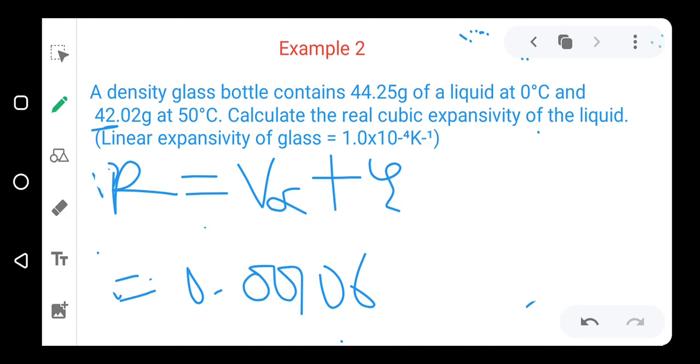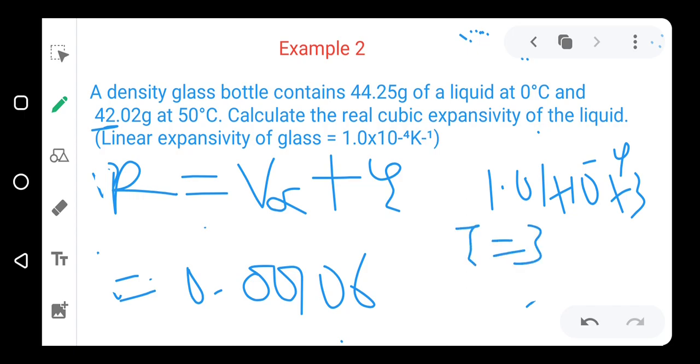Now we have the linear expansivity of the vessel instead of the cubic expansivity of the vessel. So we are going to convert the linear expansivity given to us to cubic expansivity in order to get the cubic expansivity of the vessel. Now that is 1.01 times 10 raised to power minus 4 times 3, because cubic expansivity is equal to 3 times linear expansivity. So that gives us this.